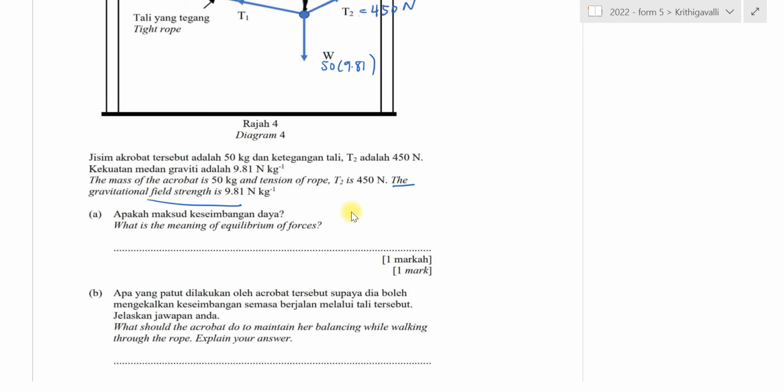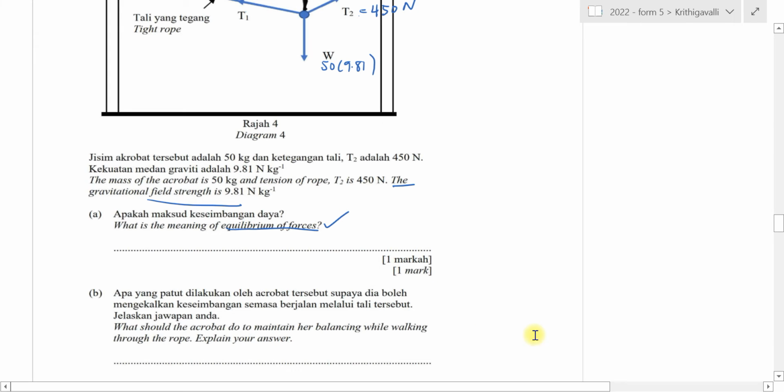What is meant by equilibrium of force? When we see a question like this, we give the definition of equilibrium of force, which is the single force that represents the vector sum of other forces.